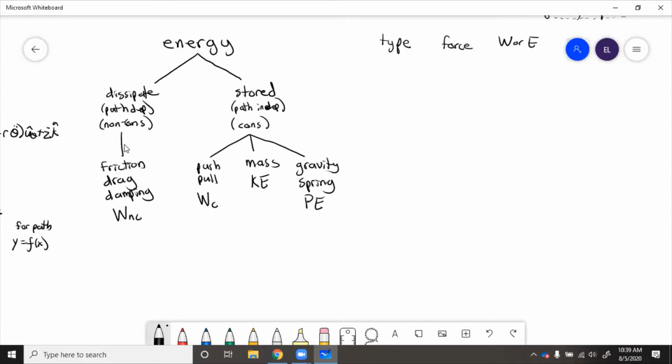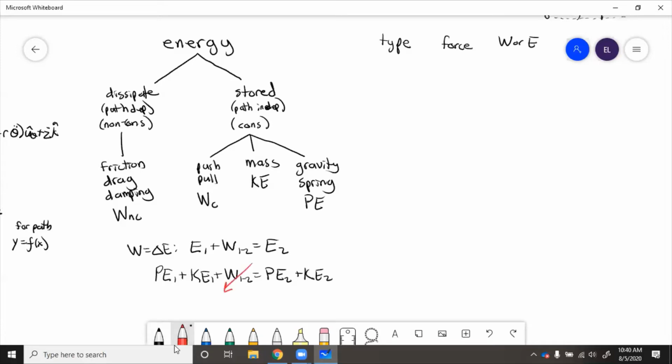Now, remember that work equals change in energy. So energy at 1 plus work from 1 to 2 equals energy at 2. And we can rewrite that as potential energy at 1 plus kinetic energy at 1 plus work from 1 to 2 equals potential energy at 2 plus kinetic energy at 2.